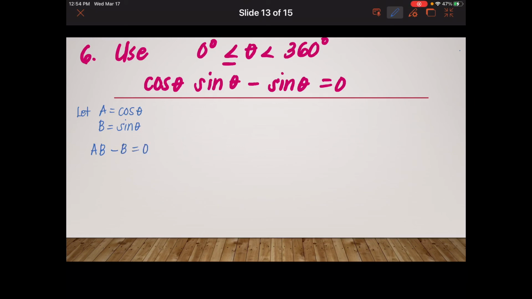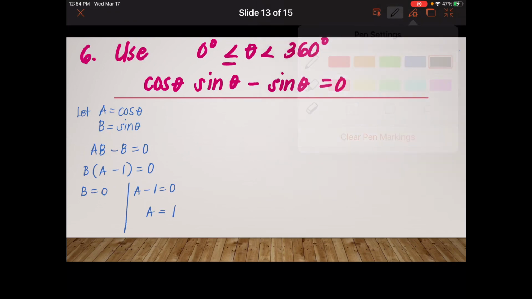Then I have a common factor which is b. So I'll have a minus 1 is equal to 0. So I'll have b is equal to 0, and the other one is a minus 1 is equal to 0. So solving for a, my a is equal to 1. And then I will substitute back my b.